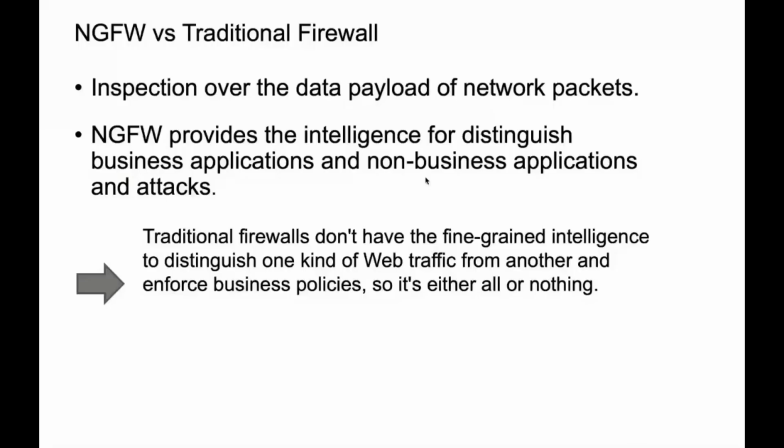The main difference between a next generation firewall and a traditional firewall is the sessions. Sessions basically allow a firewall to permit the returning traffic if it's part of a previously established session.